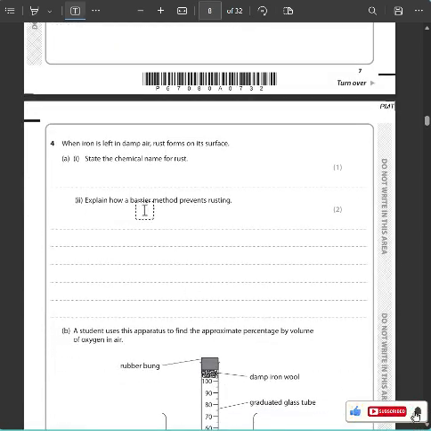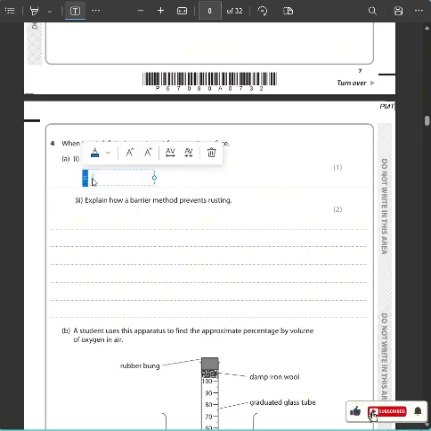And fourth section. When iron is left in damp air, rust forms on its surface. State the chemical name for rust. The chemical name for rust is iron(III) oxide.